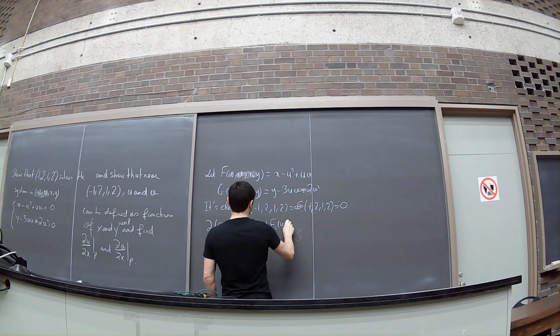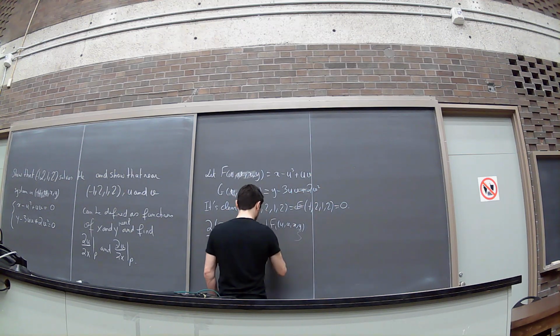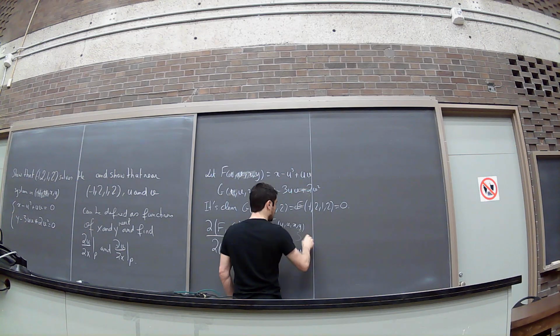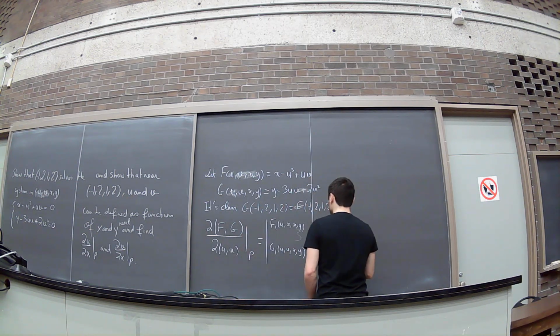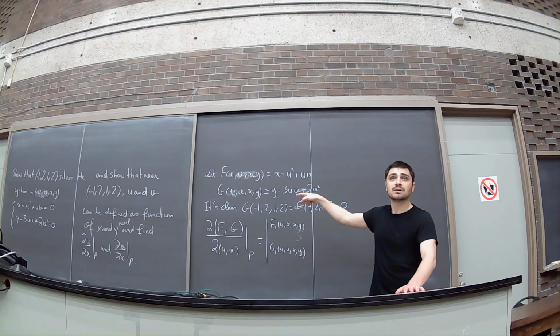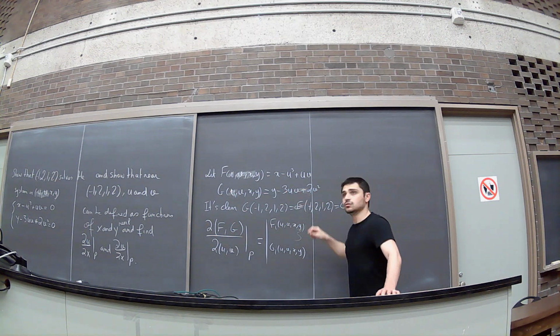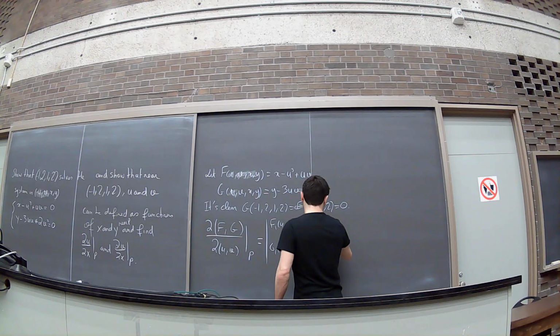F1, and then I have G1. Now what do I have here? V, what do I have? What variable is it? F sub v, del F del v, is F what? I need to differentiate F with respect to v. What variable is v in the F? 2. So I write F2. And here, G2.